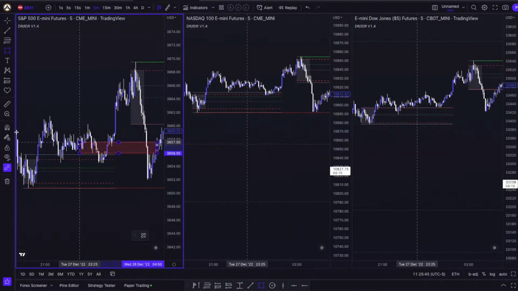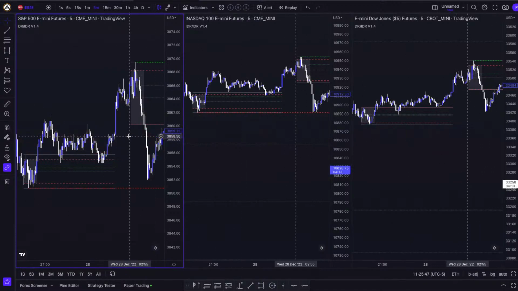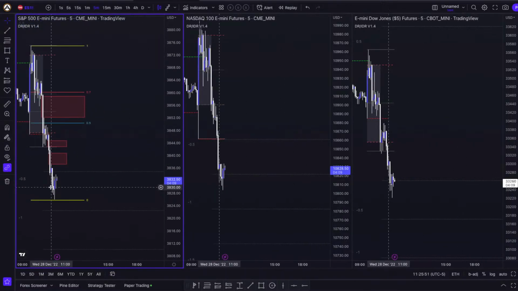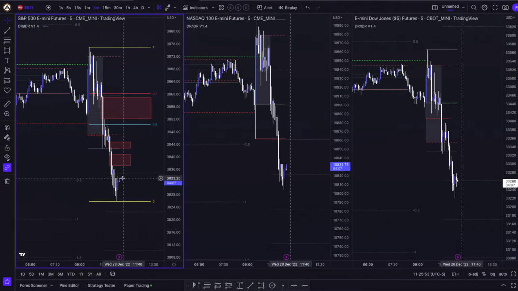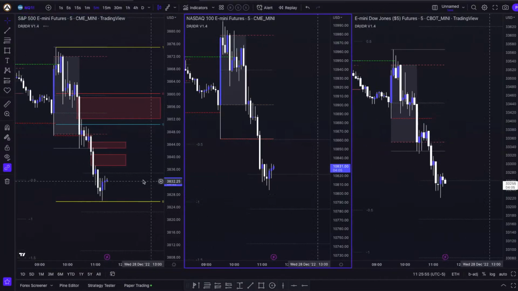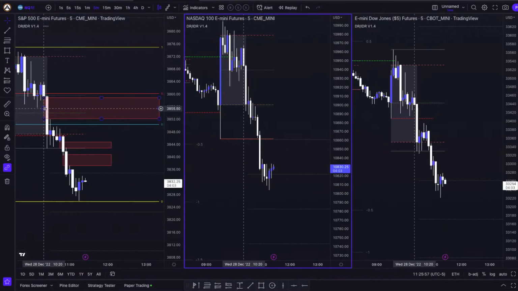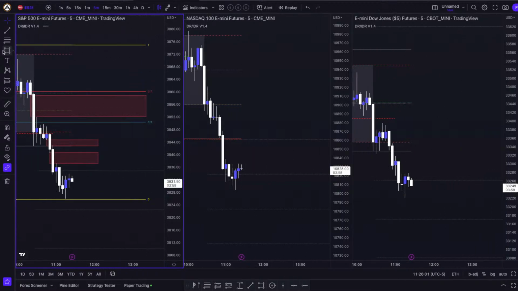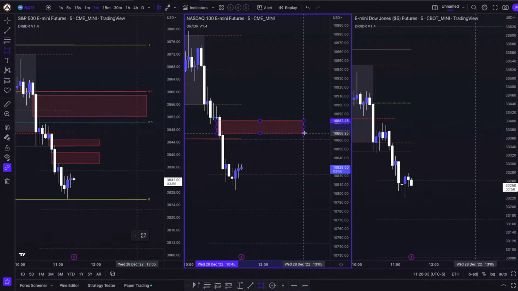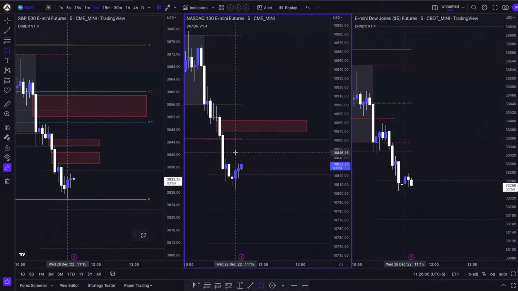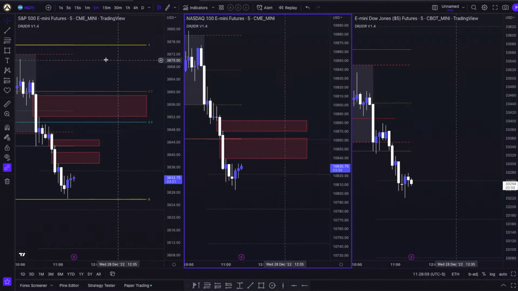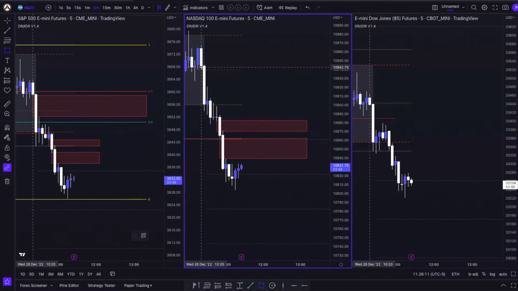All the other US indices, hang on. The other US indices are pretty much doing the same. Let's just line up all those fair value gaps right here so we have them on the chart on all indices. All right.